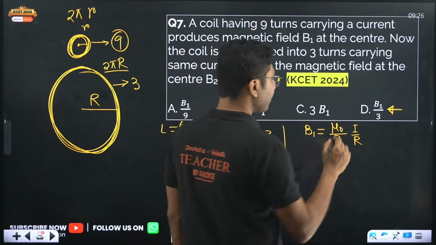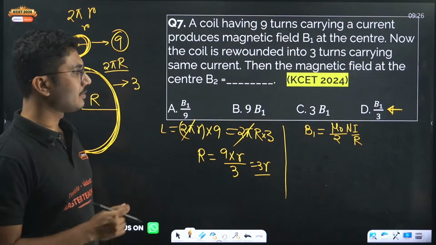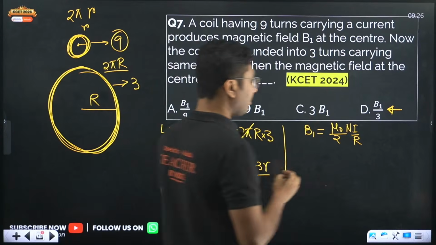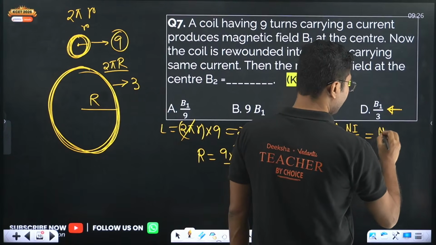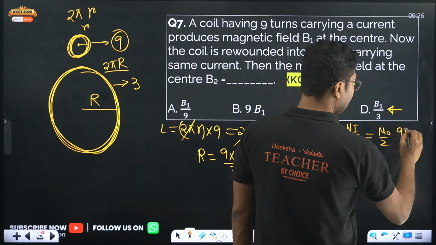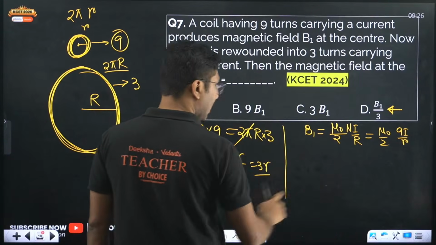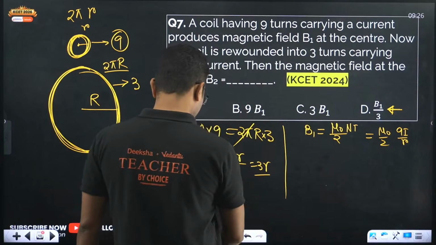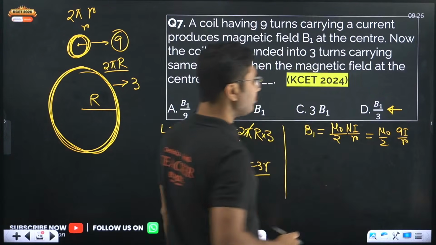Sorry, one more thing you have to take, that is the number of turns as well. So mu naught by 2, N I by R, so it will be mu naught by 2 into 9I by small r. Initially the radius was small r, so let me correct that. Mu naught N I by small r.